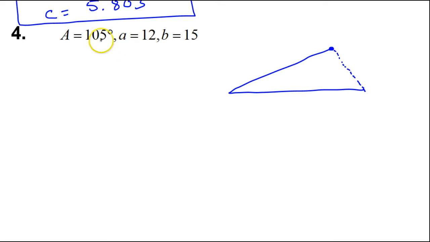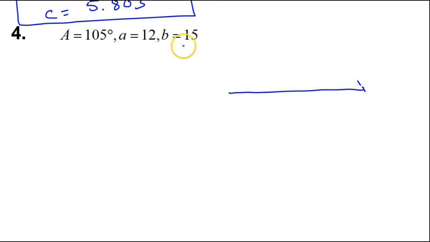So if this is my angle is 105. Well, you know what? This is an obtuse angle, so I probably shouldn't draw it as though it were acute, because that's going to make it hard to see certain things. So I need to go ahead and draw this as an obtuse angle this time.